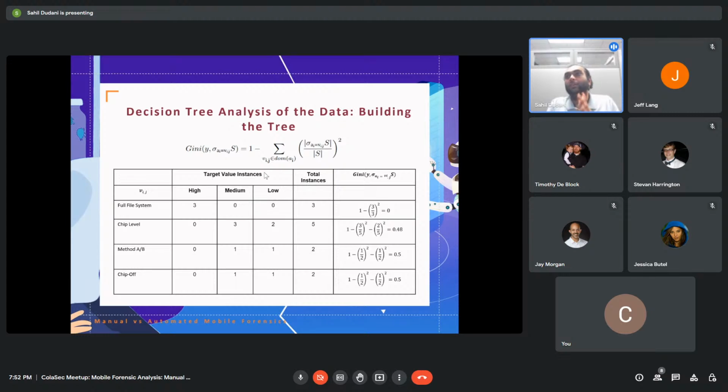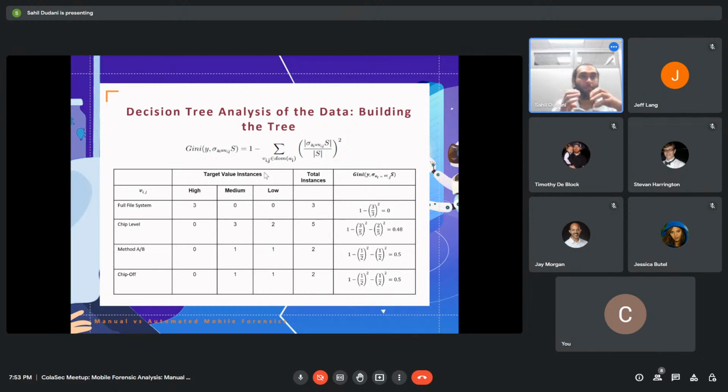Okay, so in case of the CART algorithm that we are using for our decision tree, we're going to base it on Gini, which is Gini impurity. This defines how impure or pure a certain attribute is. If you see on the left, you see full file system, chip level, method A, B, and chip off.